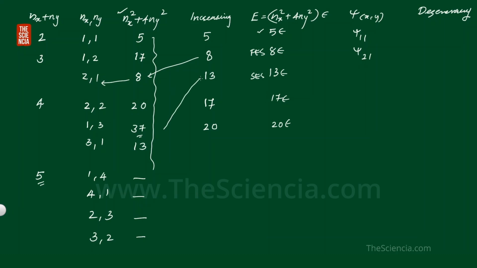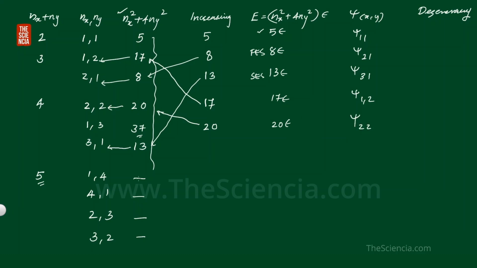The corresponding nx ny combination is 3 1, so the wave function will be psi 3 1. Next is 17. For 17, the wave function will be psi 1 2. And next is 20E, which corresponds to 2 2, so the wave function is psi 2 2.